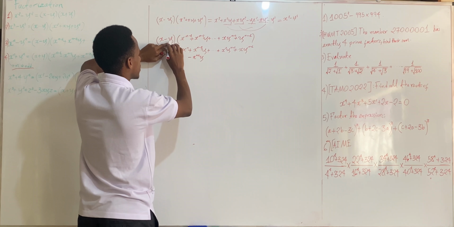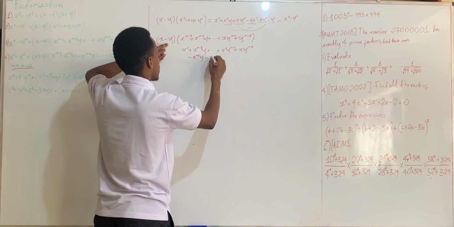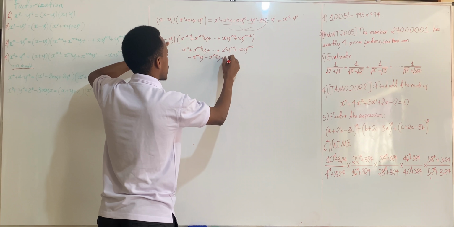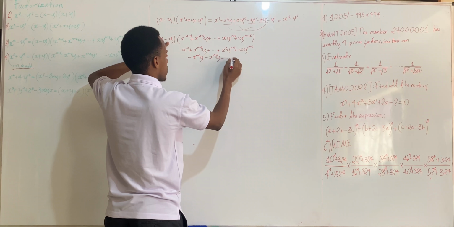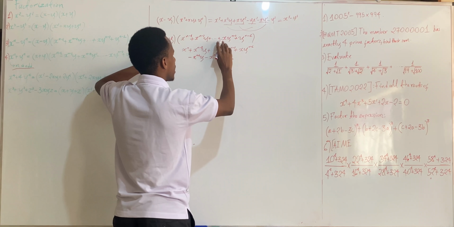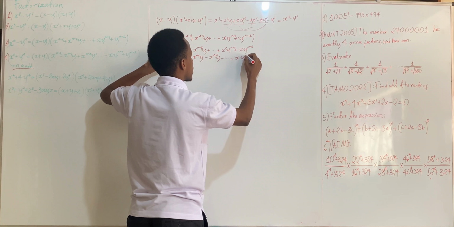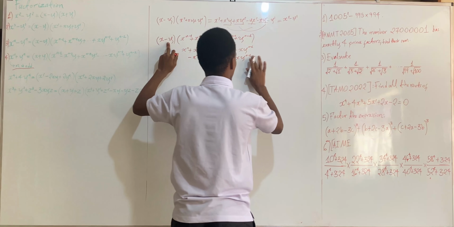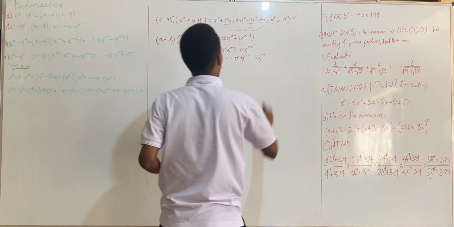For the second term, it is negative y times x to the n minus 2 times y, and this will go on until we reach the end. All the terms are negative. Negative y times x times y to the n minus 2 gives minus x times y to the n minus 1, and the last term will be minus y to the n.